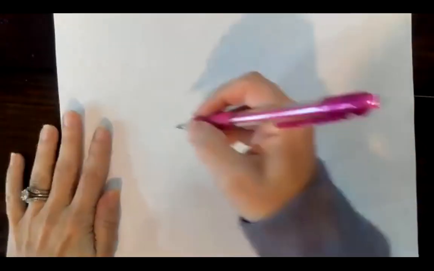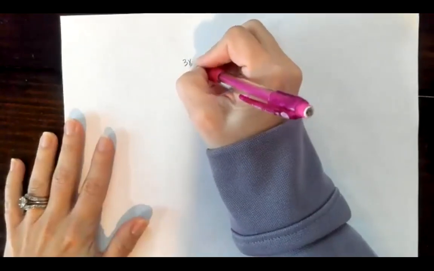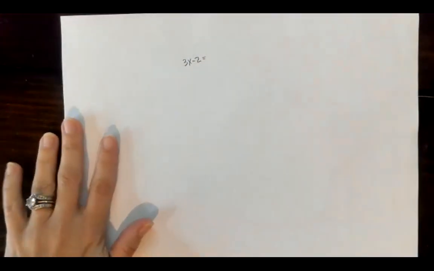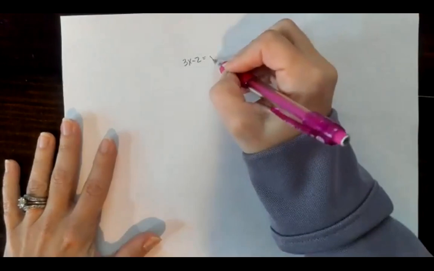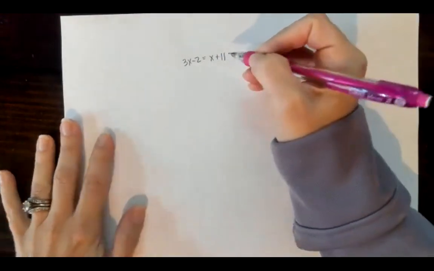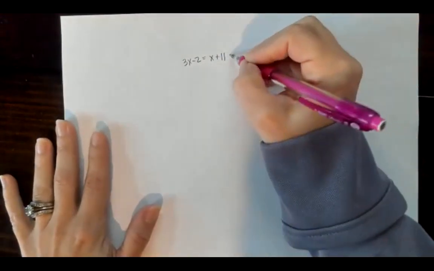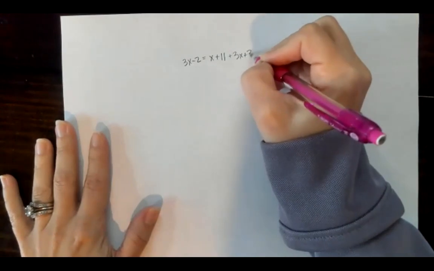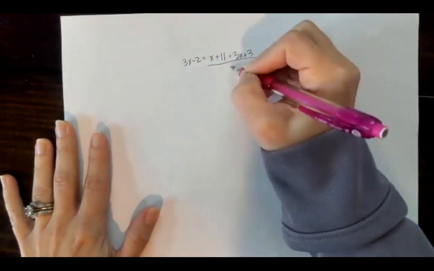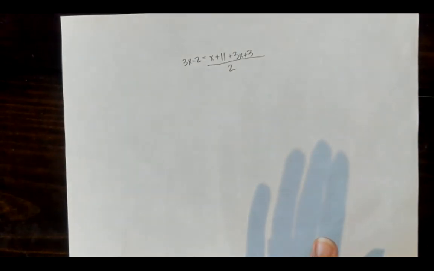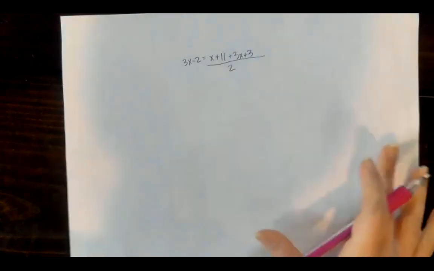Okay, so we have 3x minus 2 equals x plus 11 plus 3x plus 3 all divided by 2. Yes?